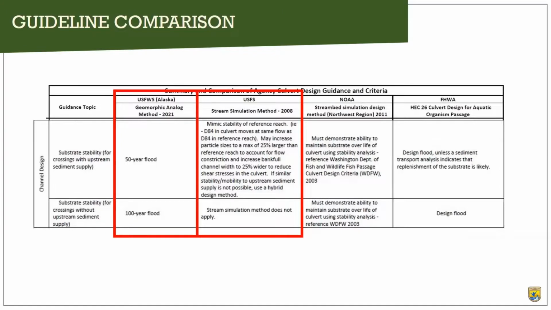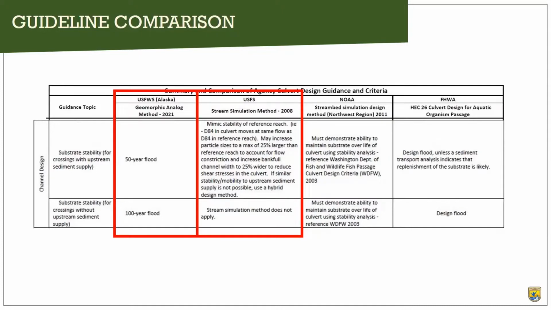The U.S. Forest Service stream simulation method basically does a sediment transport analysis and compares the mobility of the upstream sediment particle or supply at the D84 particle size to the mobility of the D84 particle size in our culvert. Basically, these guidelines tell you to increase the sediment size in the culvert to account for increased shear stresses that a culvert is going to experience compared to the natural channel, where the flood flows can spread out.